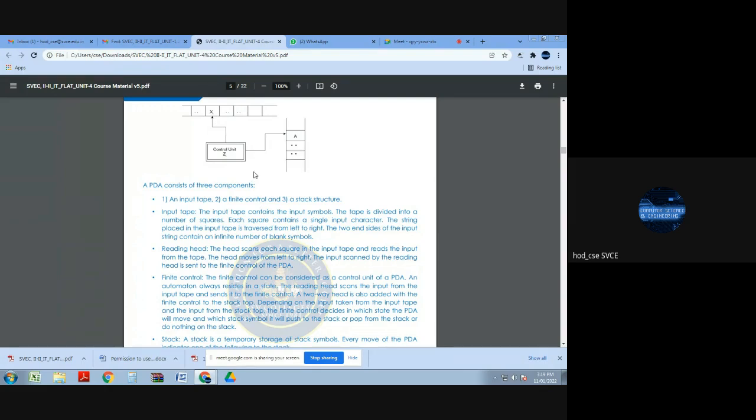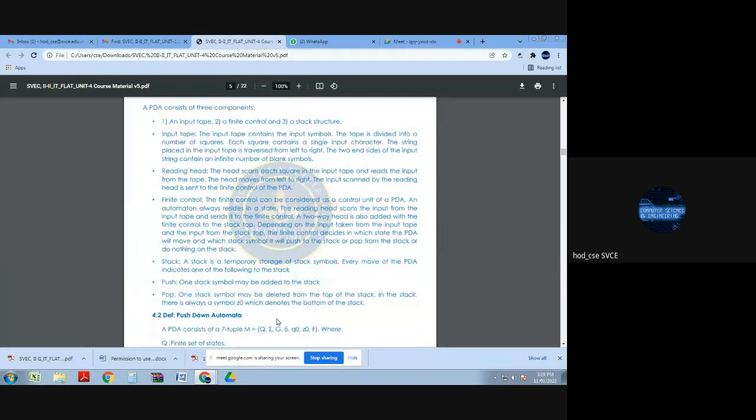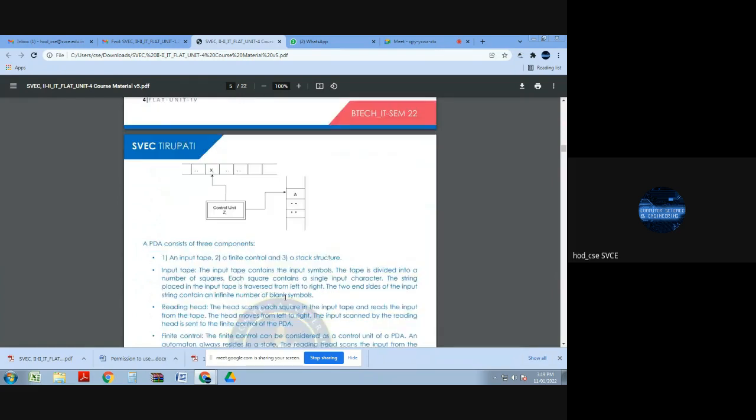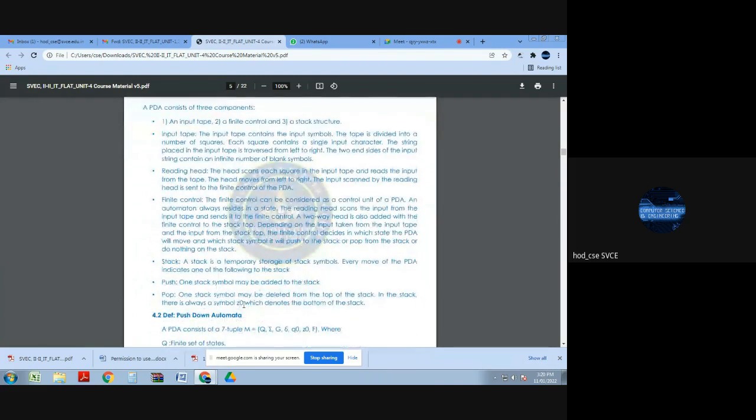A stack is a temporary storage of stack symbols. Every move of the PDA performs one of the following on the stack: either a push operation, where we add one stack symbol to the stack, or a pop, where we remove symbols from the stack. Initially the stack contains Z0, the default value, which represents the bottom of the stack.